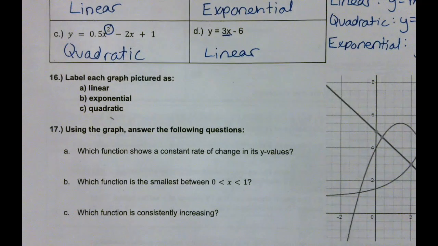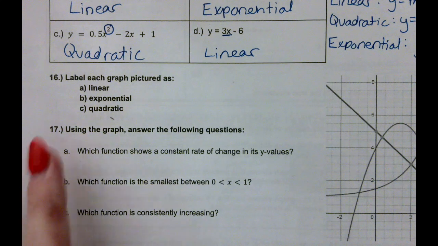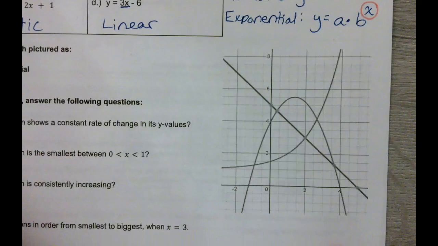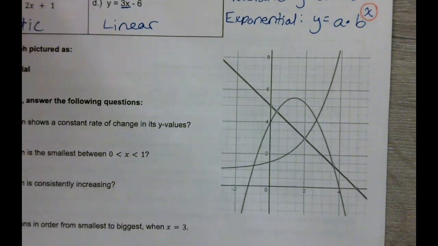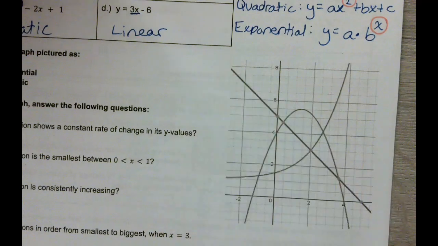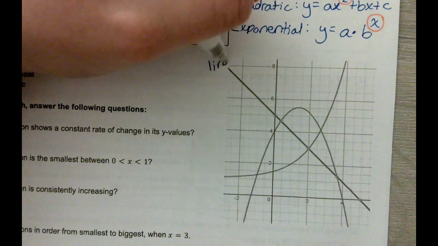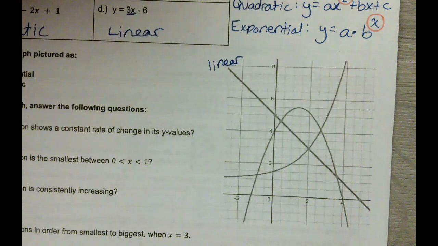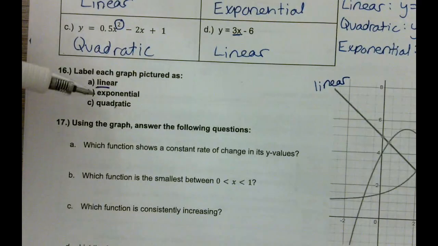Number 16, label each graph pictured as A, linear, B, exponential, or C, quadratic. So I'm going to go through and label these lines really quickly. Linear, remember linear is for line. So you want the straight line here. Next, the exponential.